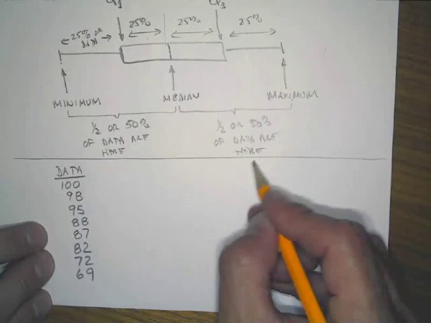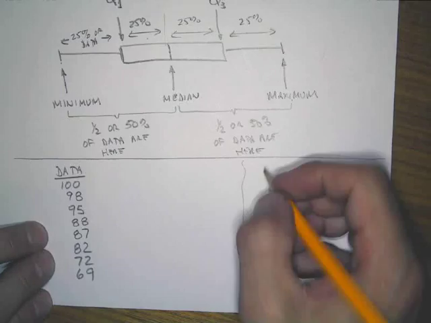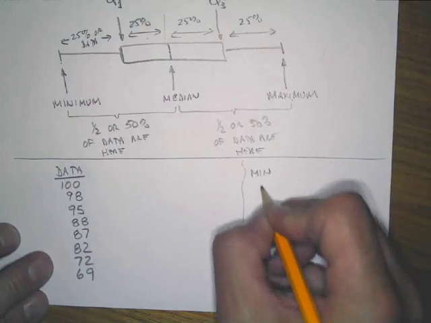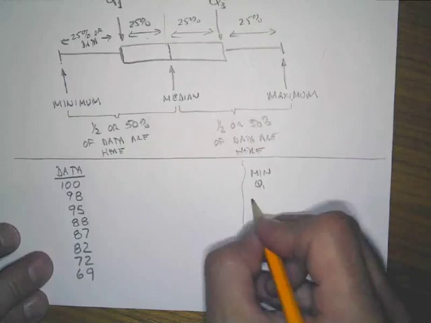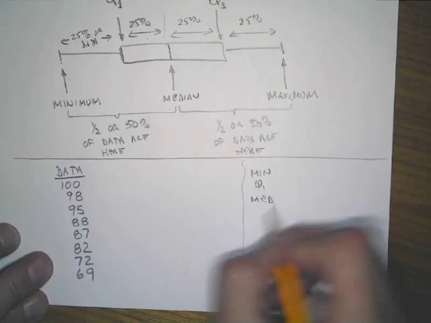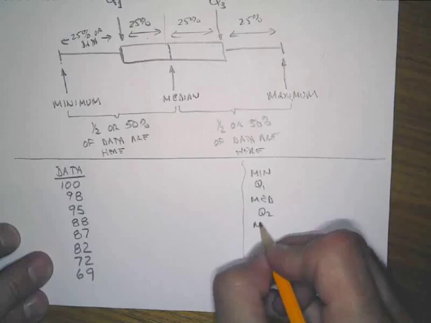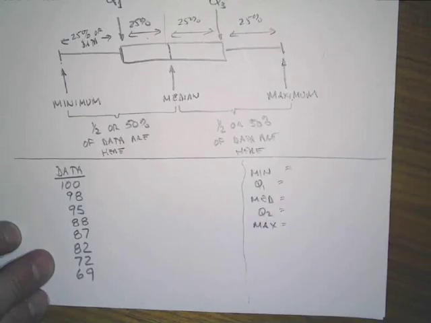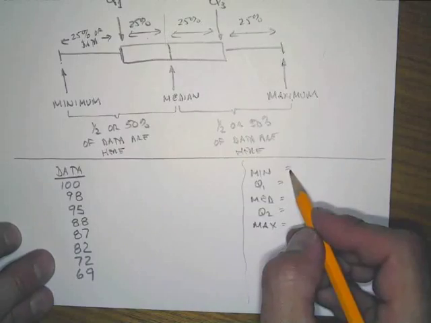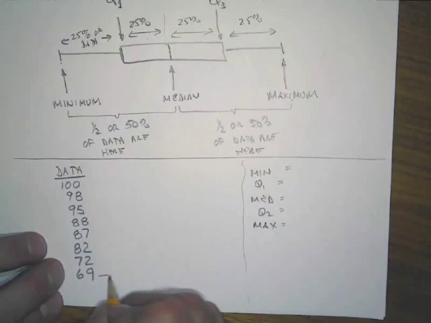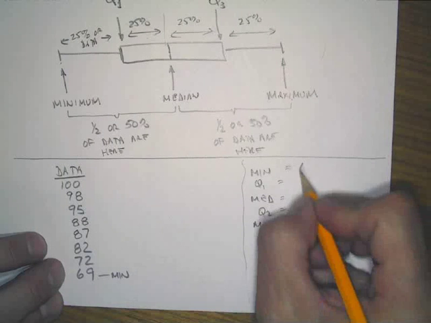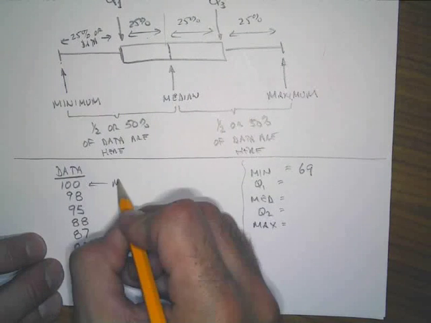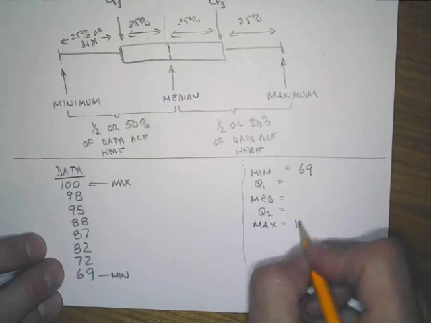So we're going to do some calculations, and over here I'm going to do the 5-number summary, which is the min, Q1, the median, Q3, and the max. Let's see if we can figure these out. The minimum is the smallest value, so that's 69, and the maximum is the biggest value, that's 100.